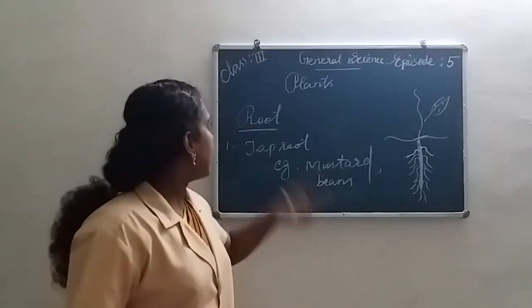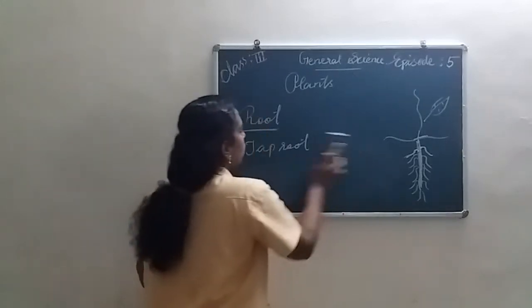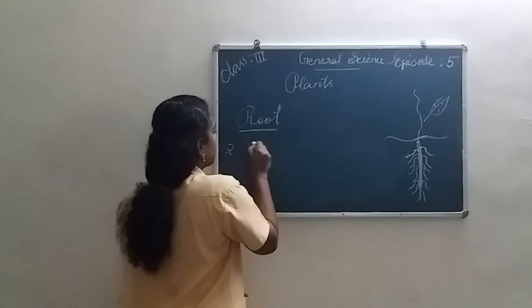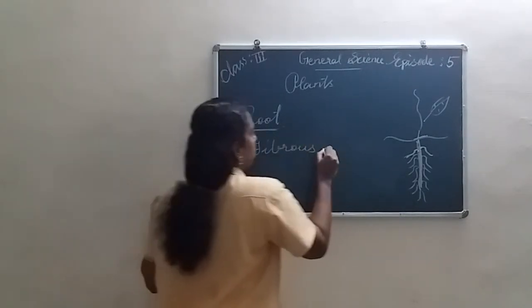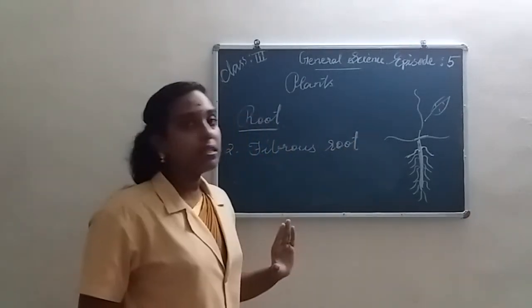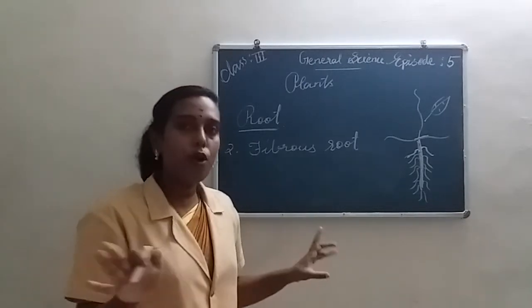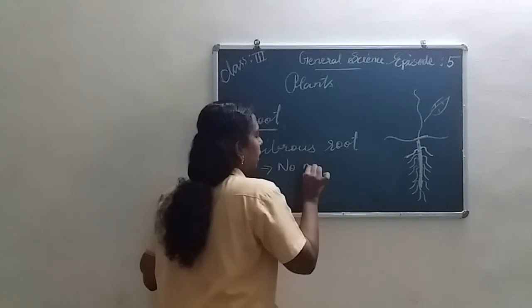The next type of root is fibrous root. Fibrous root means there is no main root.